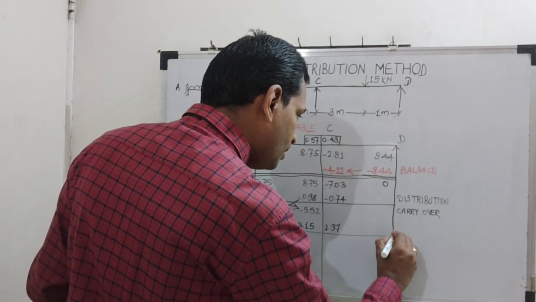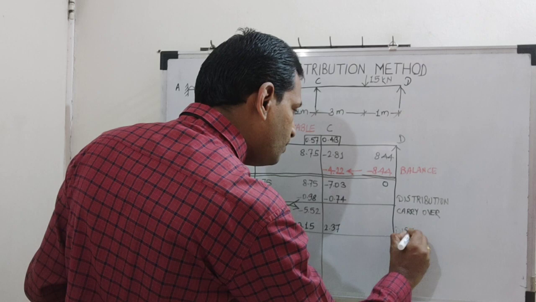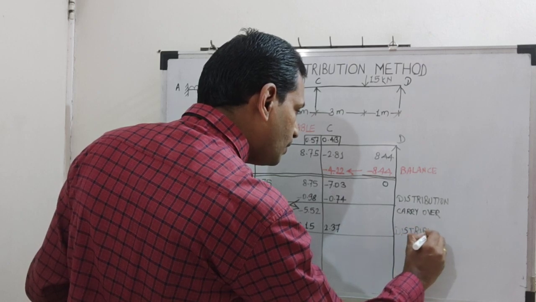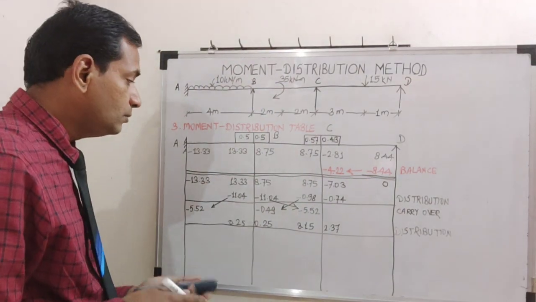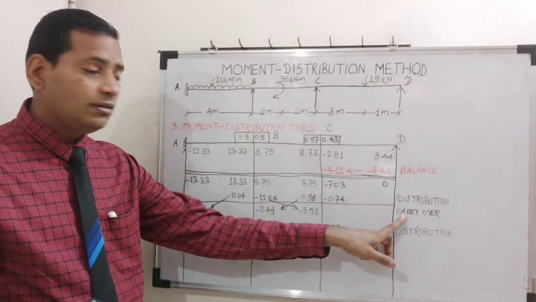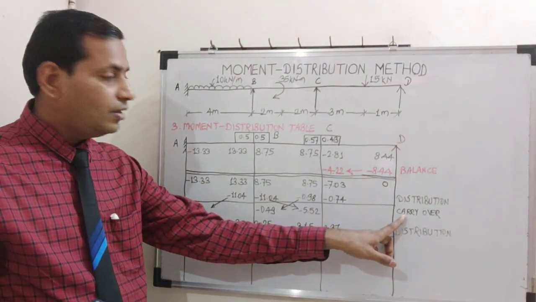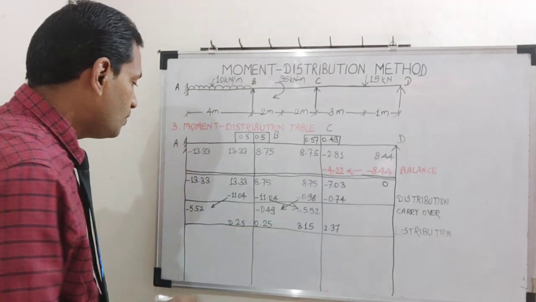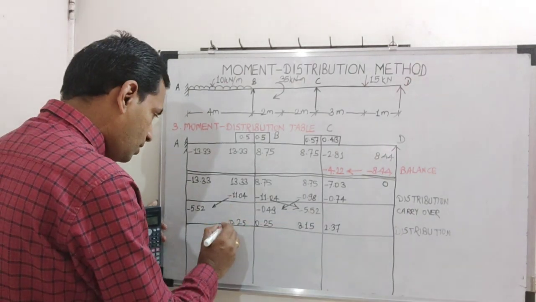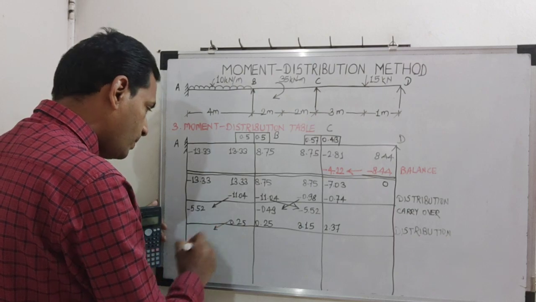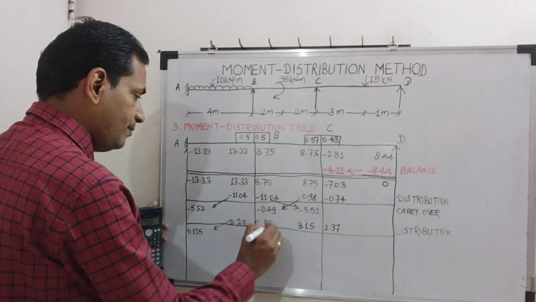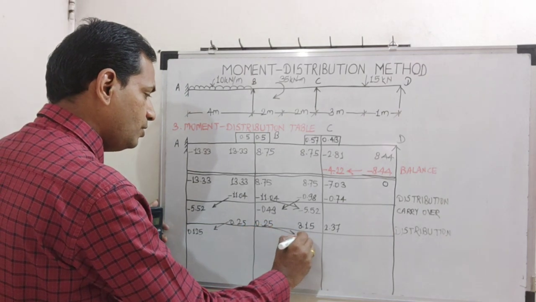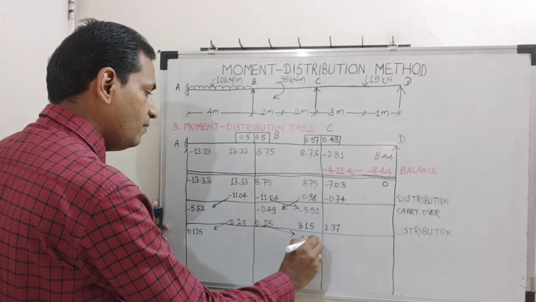So I have taken second time distribution. Now I will again repeat this procedure of carryover. So repeat the same thing. Half of 0.25, how much? 0.125. Here same 0.125.